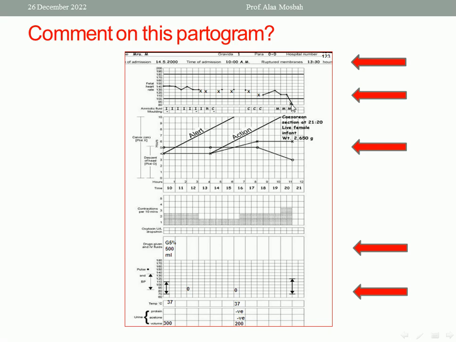So there is fetal distress and meconium-stained amniotic fluid, all denoting severe fetal distress, together with protracted cervical dilatation and descent. Of course, this is for cesarean section.